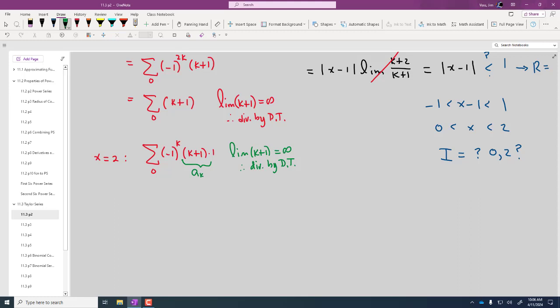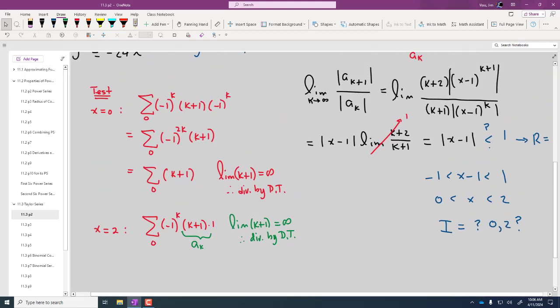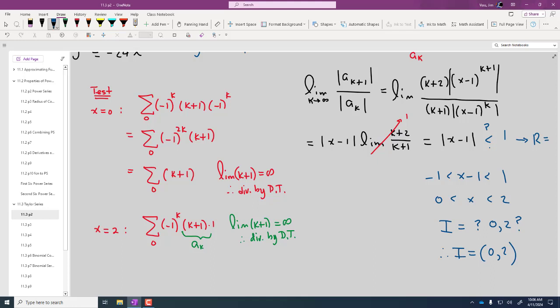Must diverge. So, any questions on any of those steps? So therefore, the interval of convergence excludes both endpoints.